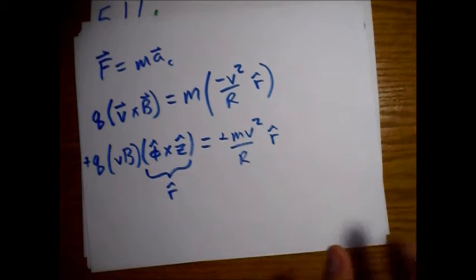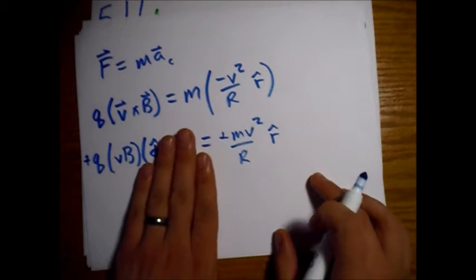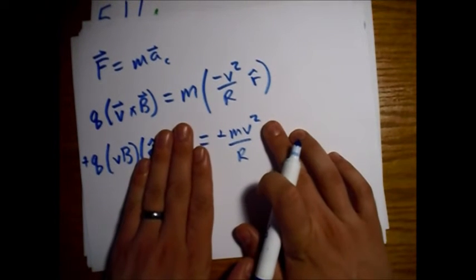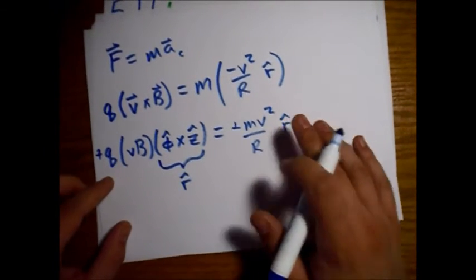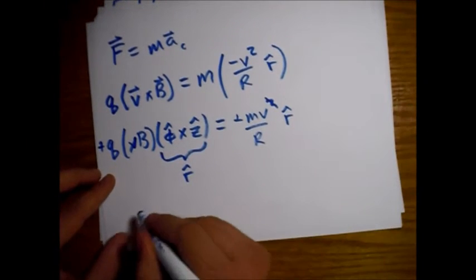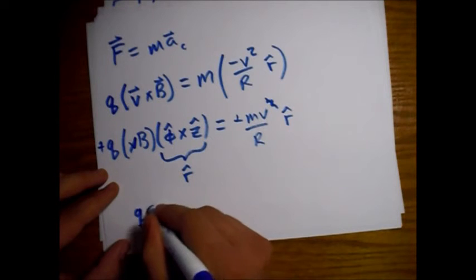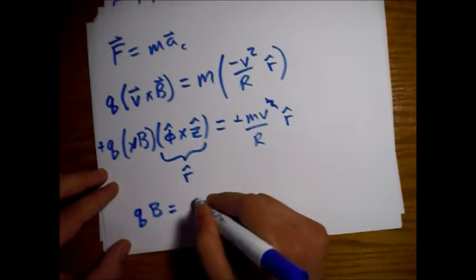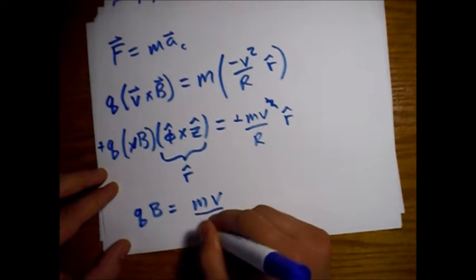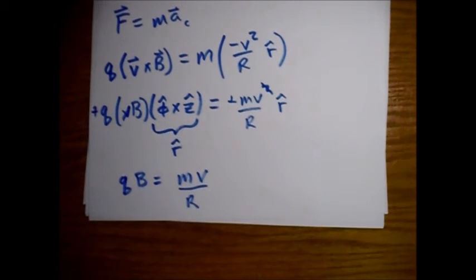All right, so since these r hat vectors are the same on each side, we can just equate the magnitudes here. I'm also going to take out one of these v's. All right, so we have qB equals mv over R. Let's just check this real quick.